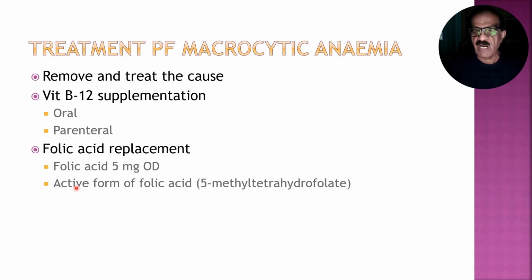So again, 1 tablet a day. This is also available in injection form, but mostly oral is sufficient. You might also like to explain to the patient to increase the intake of green leafy vegetables. So this will correct the folic acid and vitamin B12 deficiency. If somebody has combined deficiency, you will have to give iron as well as folic acid and vitamin B12.